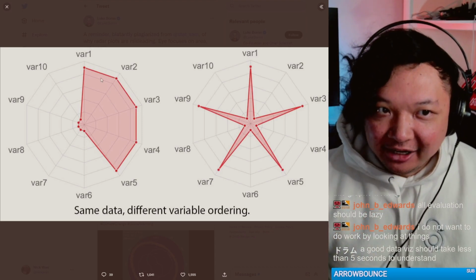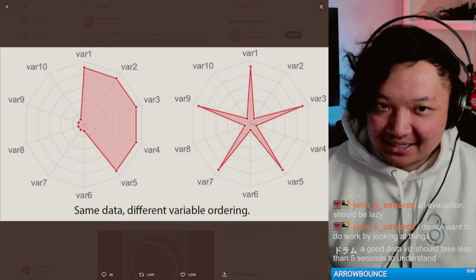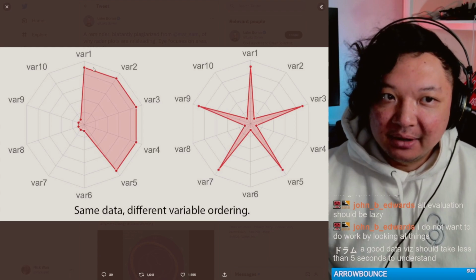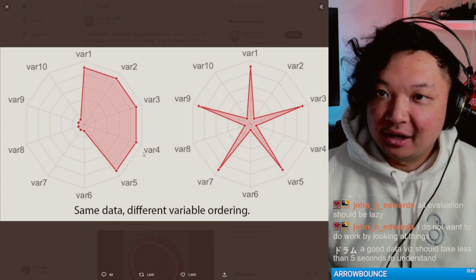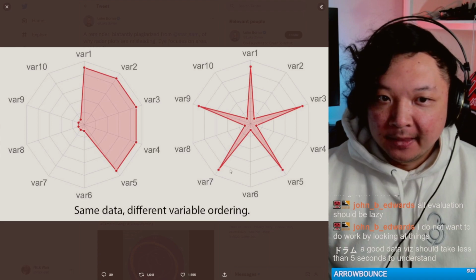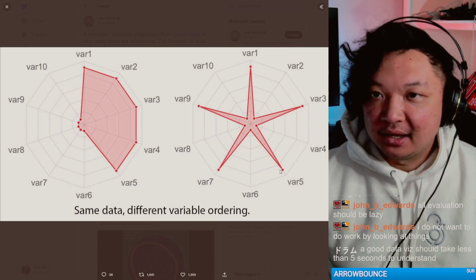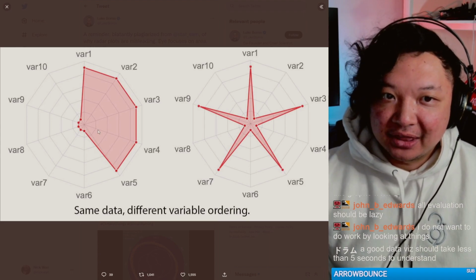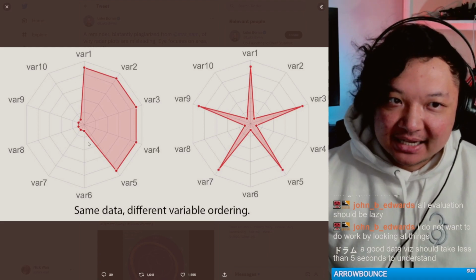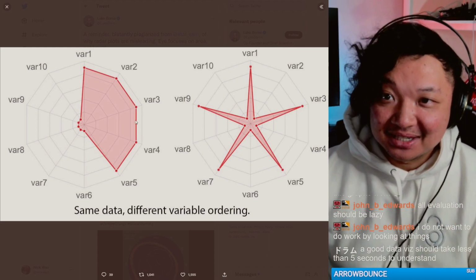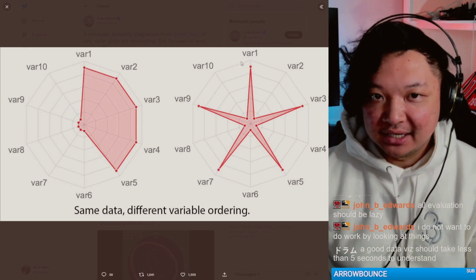This much area taken of this plot is different than this area. But really what matters is the values that we're plotting on the chart, right? These are equivalent to these values. So when we look at this versus this, this area is larger, therefore we think this is better. But really, the values are the exact same.